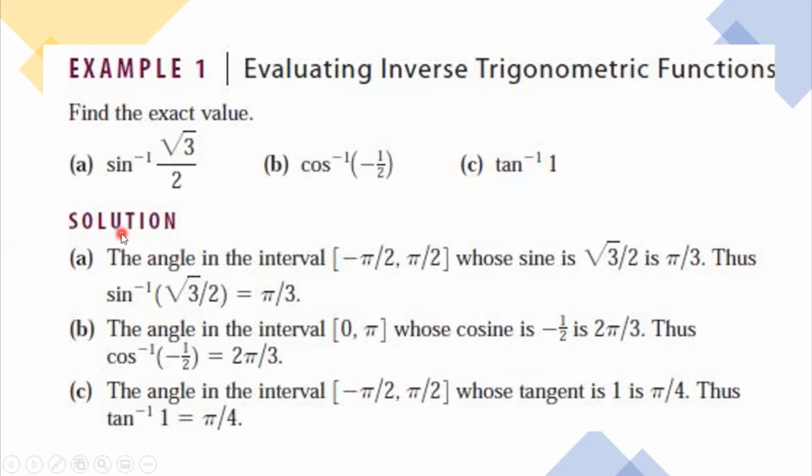So for letter A, what is the sine inverse of square root of 3 over 2? Meaning to say, what is the angle in the interval negative pi over 2 to pi over 2 whose sine is square root of 3 over 2?